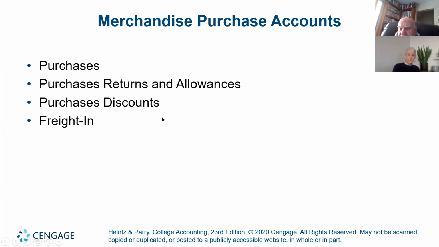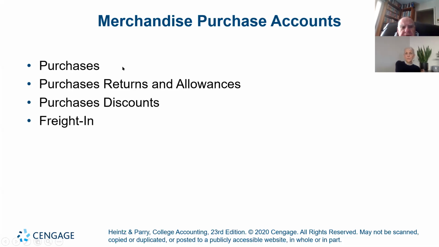The cost of bringing that goods into your building is really part of the purchase. Purchases at this point in our class are a cost. It's an expense, okay? We are debiting purchases at this point. We're not going to debit merchandise inventory until a little bit later.